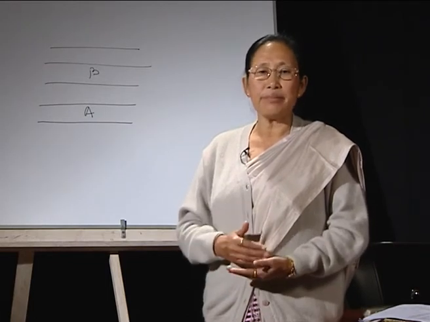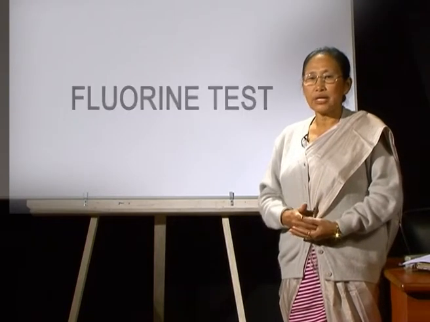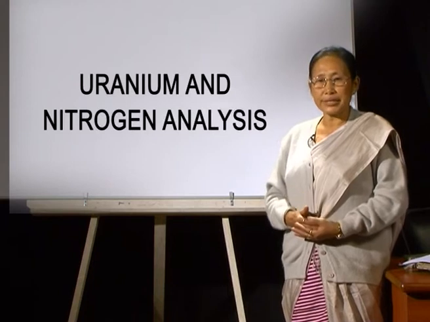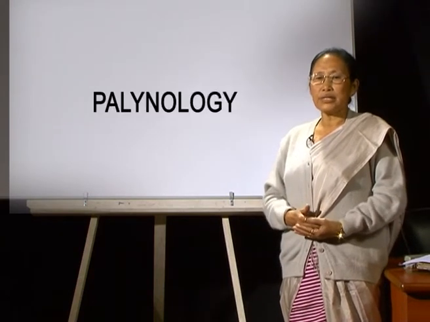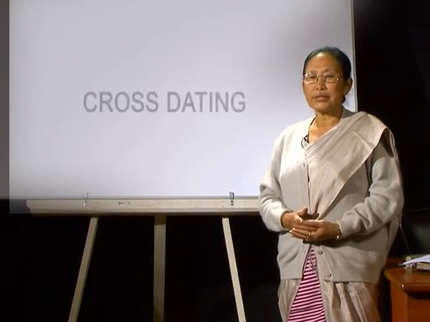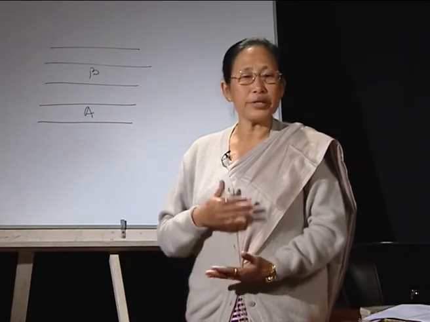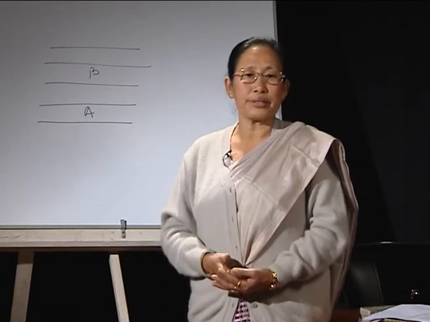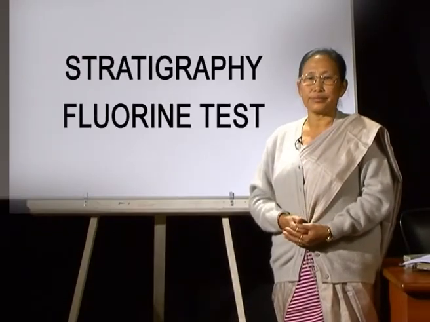Some of the relative dating methods are stratigraphy, typology, fluorine tests, uranium and nitrogen analysis, paleontology, palynology, cross dating and sequence dating. However, our discussion will be restricted only to two methods, that is stratigraphy and fluorine tests.